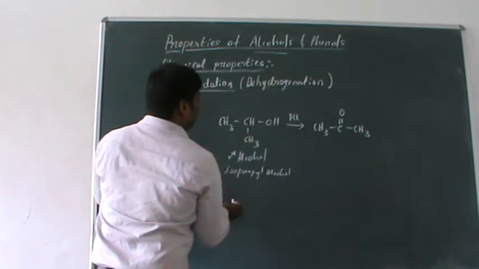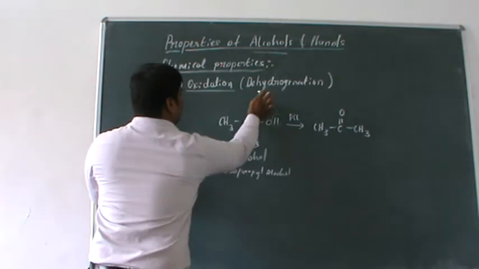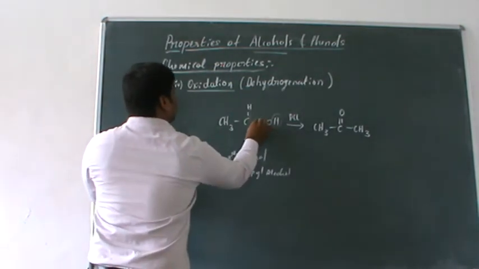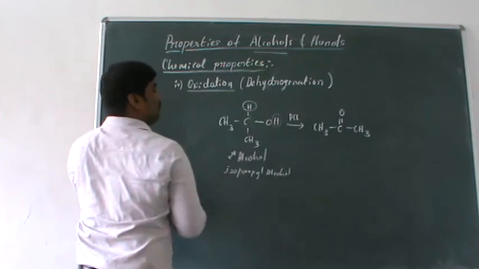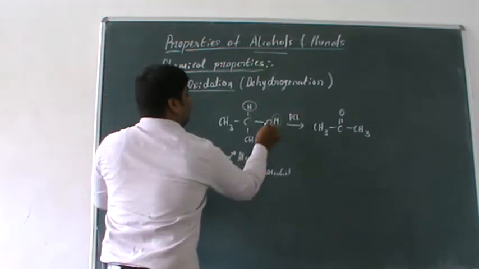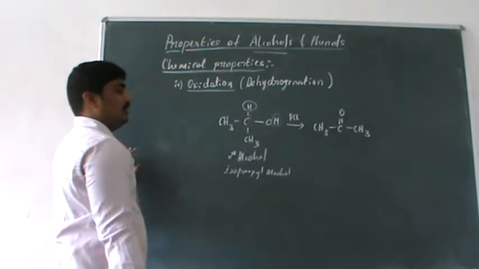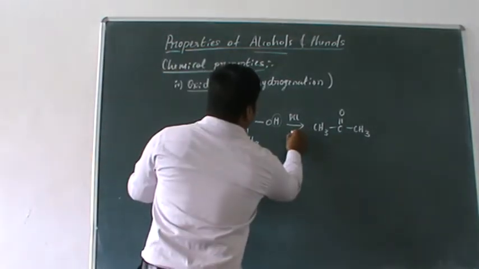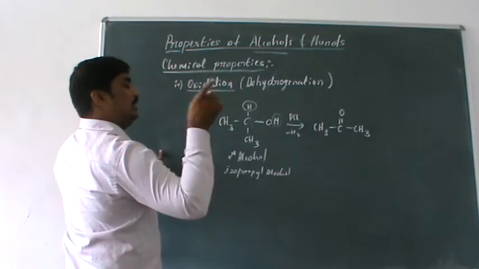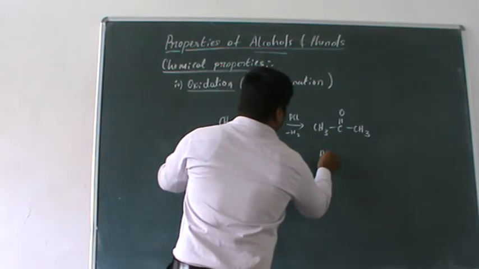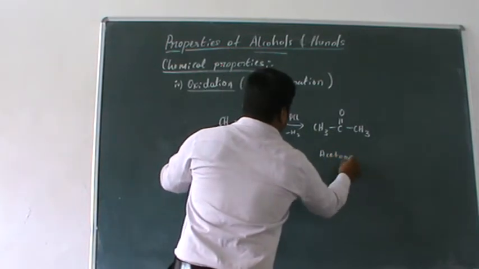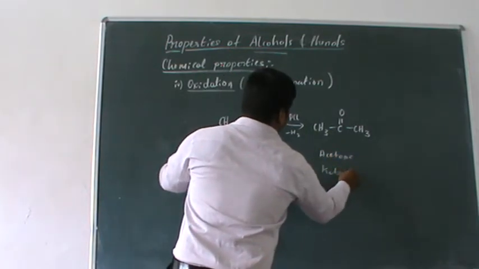What happened in this case? The H of the OH and the H of the secondary carbon are eliminated, correct? So hydrogen is eliminated, dehydrogenation takes place, and acetone is produced. Acetone is a type of ketone.